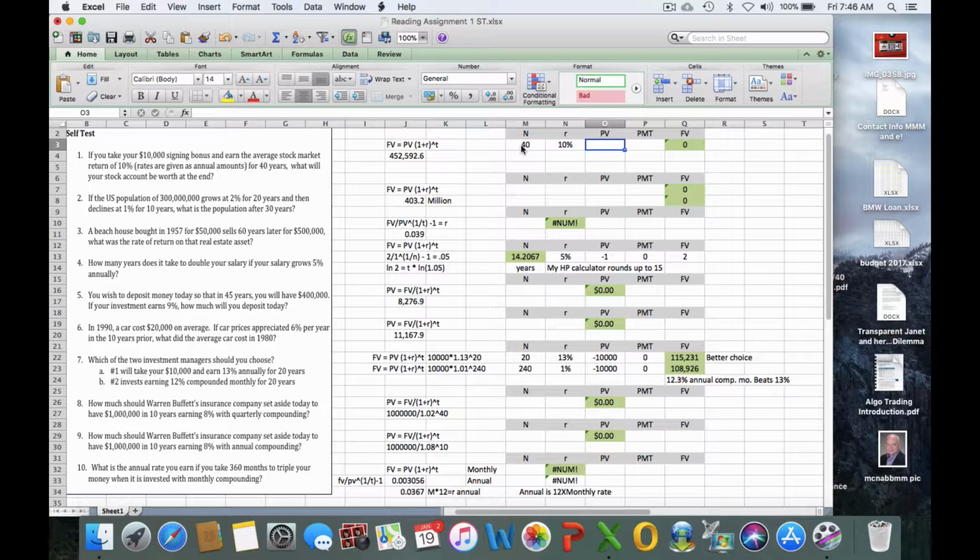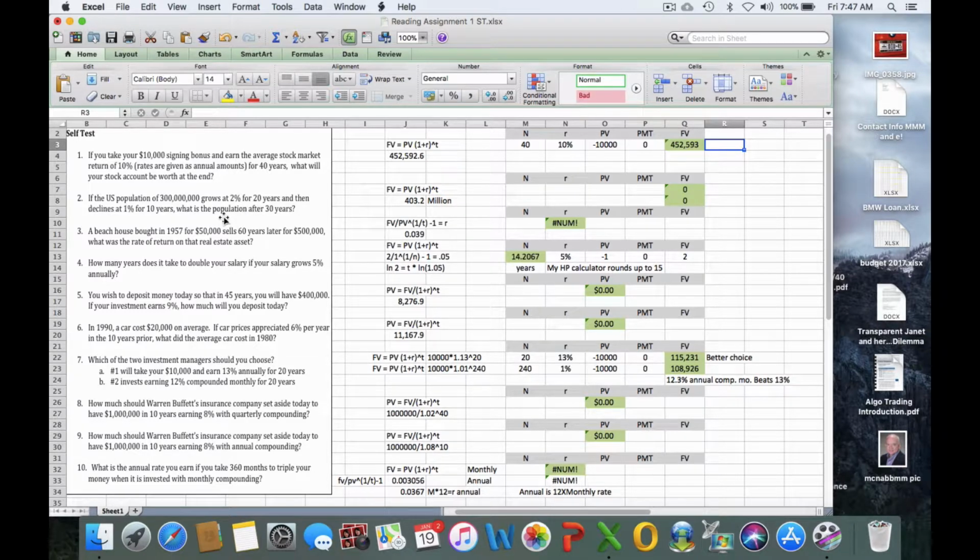In your calculator, you'll just put in the whole number 10. The 10,000 is an input to your calculation, so it's money going away from you, entered as a negative. No other cash flows, payments are zero, and answer is the same.